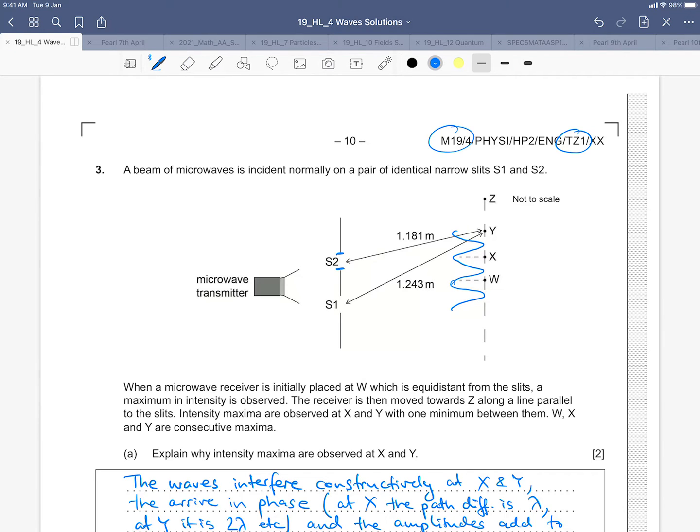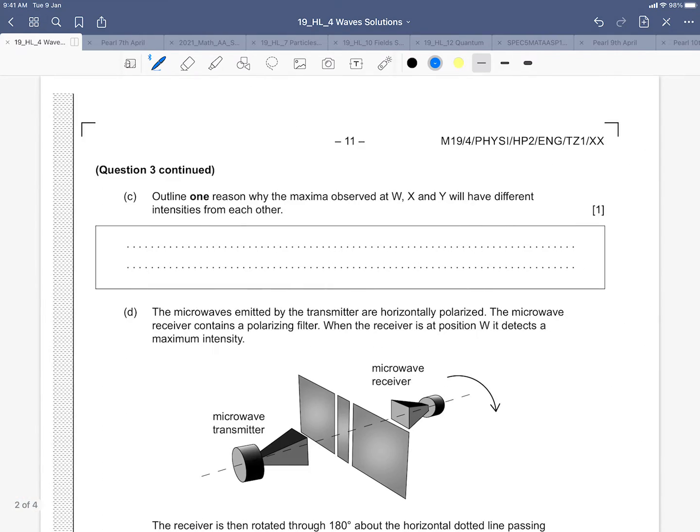You could also argue that X and Y are slightly further away from W, and we know that the intensity of a wave drops with distance to the source.